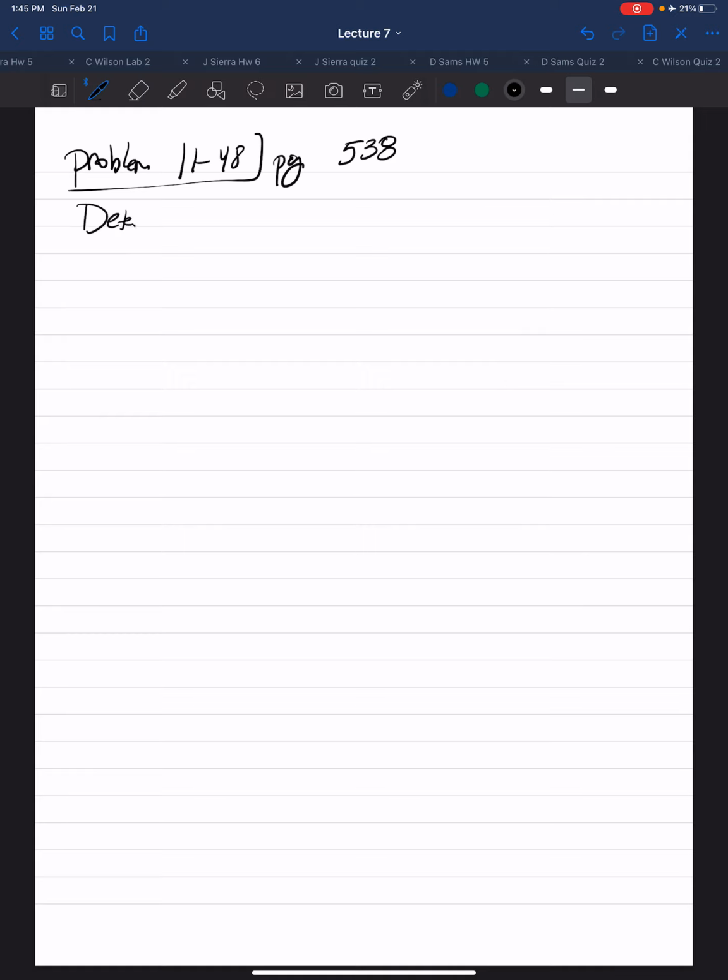They want you to determine the moment that produces a maximum stress of 10 KSI on the cross section.